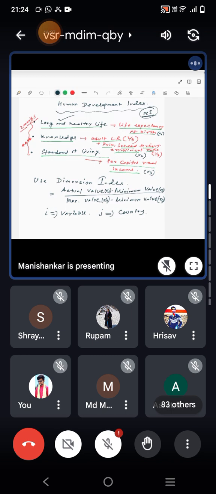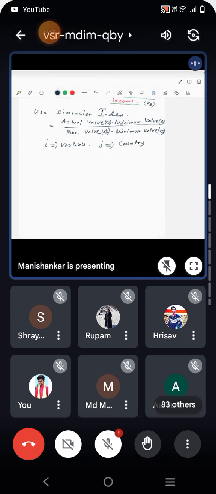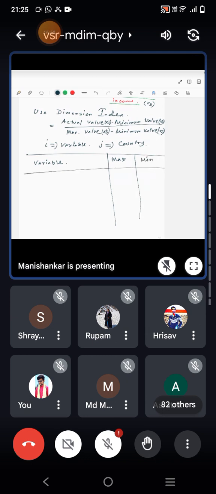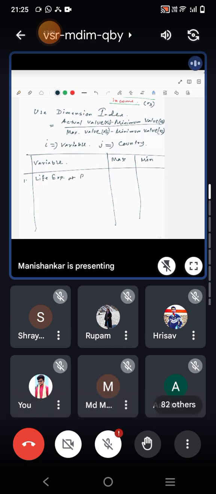Now we consider a very simple range, this is list 1. Here basically we consider our variable, its max value, its min value. The first one is life expectancy at birth.